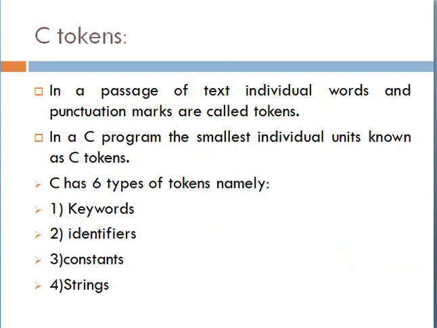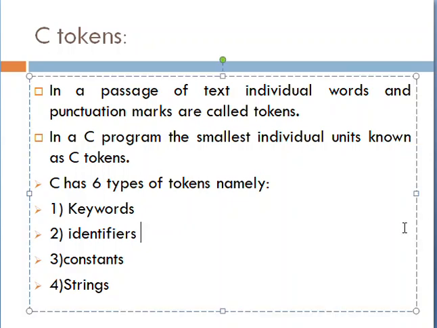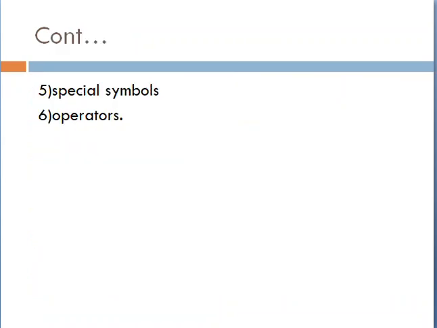Next thing is keywords and tokens. What is a token in C language? There are 6 types of tokens in C language, namely keywords, identifiers, constants, strings, special symbols, and operators.